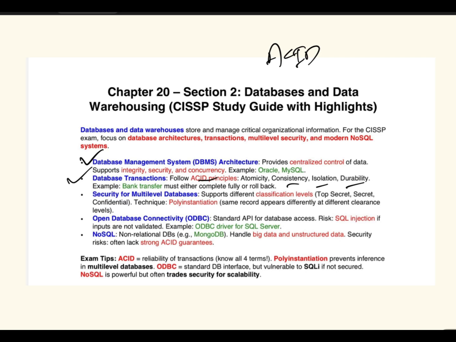If you are unable to transfer completely, then it should roll back. So atomicity is all or nothing. That is important.